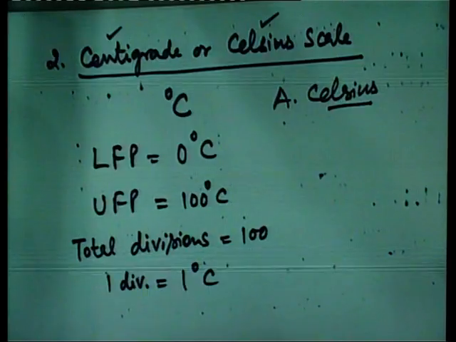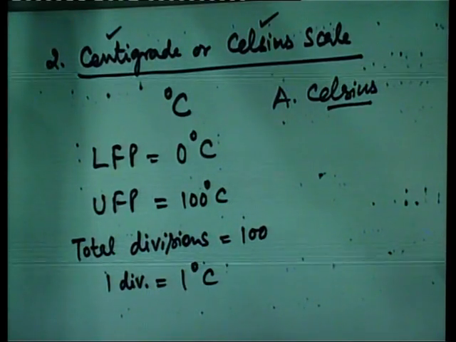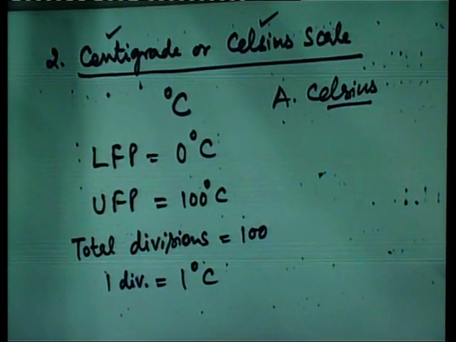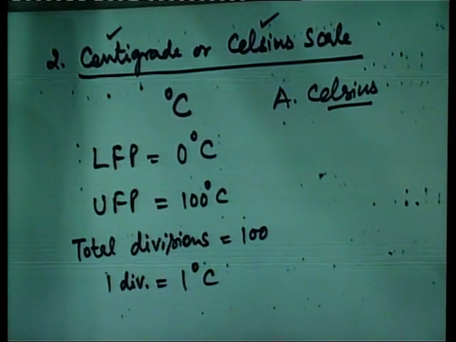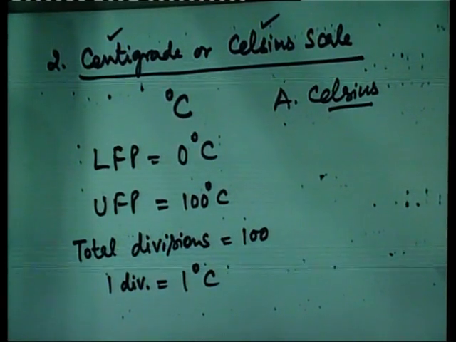In this scale we have lower fixed point 0 degree centigrade, upper fixed point 100 degree centigrade, total divisions 100, one division is equal to 1 degree centigrade.